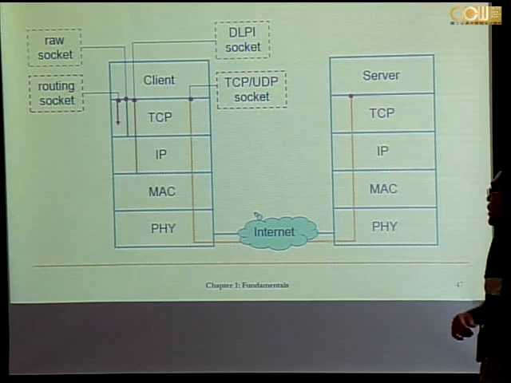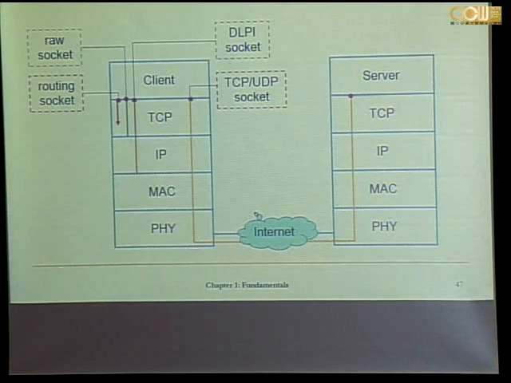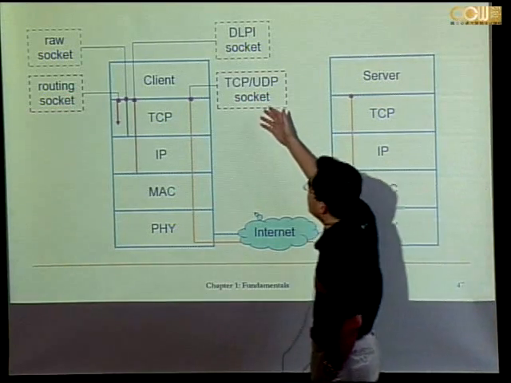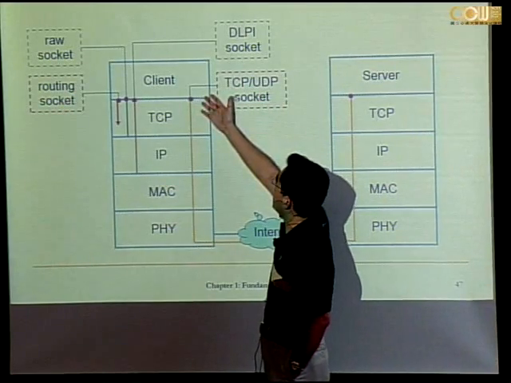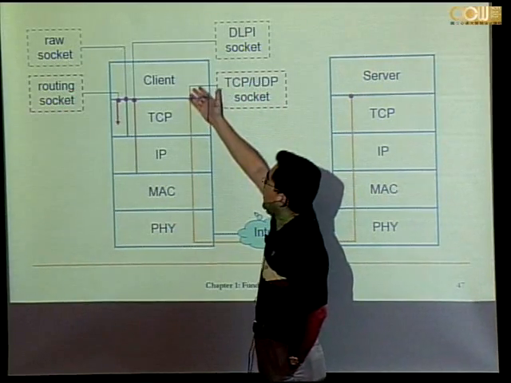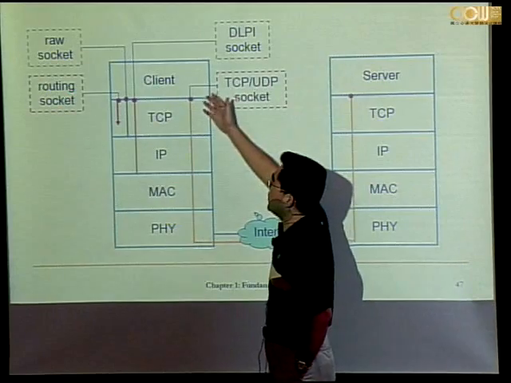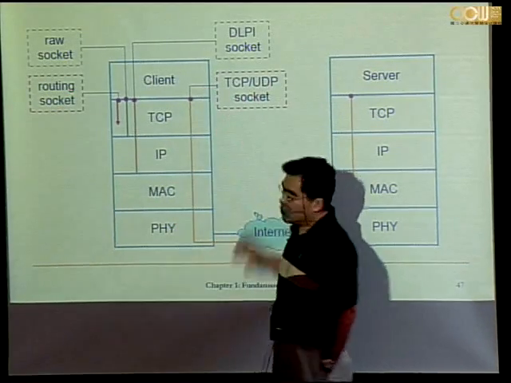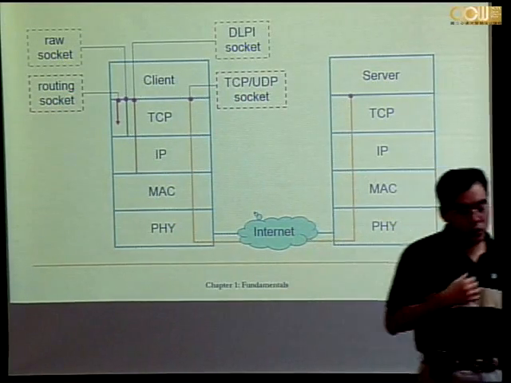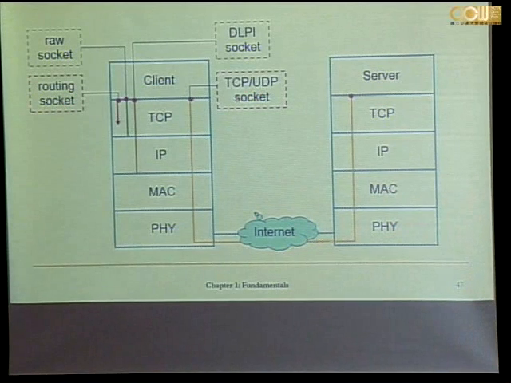So you would need a socket interface called TCP socket or UDP socket. These are the 2 most commonly used socket interfaces for client and server or peer-to-peer. Usually when you write a client program or a server program, you would use UDP socket or TCP socket.